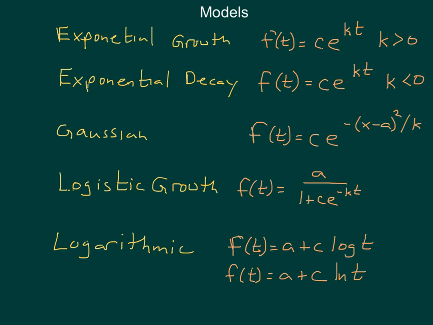The third type of model we're dealing with is a Gaussian model. The Gaussian model takes this particular form, where f(t) is going to be some constant c times e raised to the negative (x minus a) quantity squared, all over some constant k. Again, in this case, c, a, and k happen to be constant values.